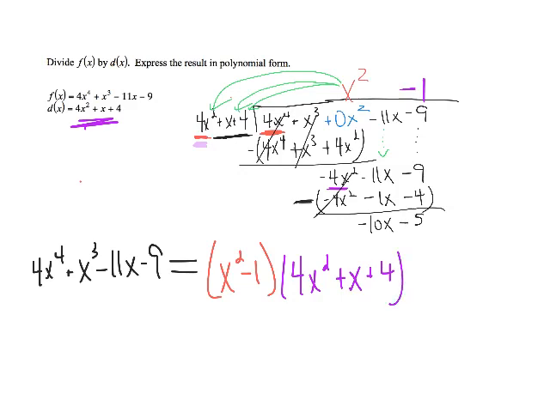And then you can write plus your negative 10x minus 5, if you would like to. You can also just write minus 10x minus 5, okay? But remember, polynomial equals our quotient, so what we got as our answer, times what we were dividing by, plus the remainder. Sorry for the rambling. It happens sometimes.